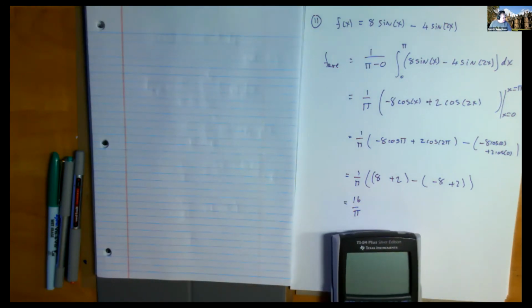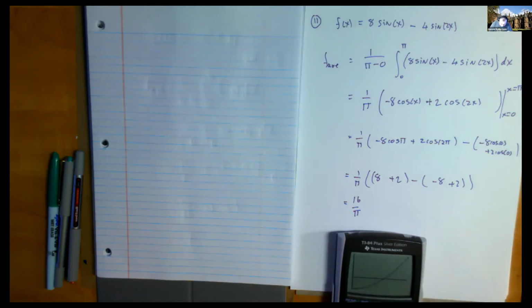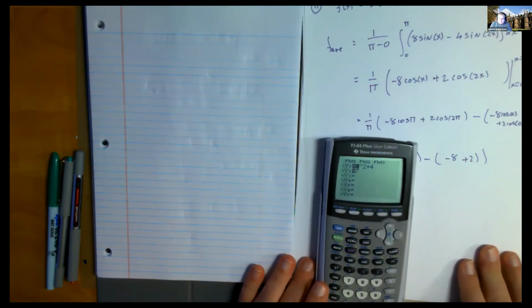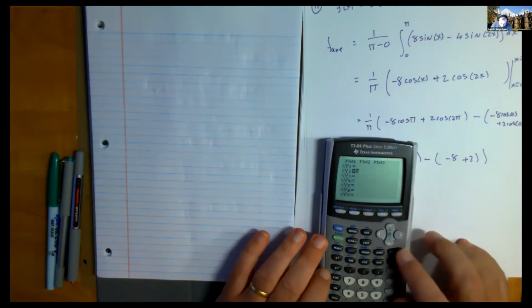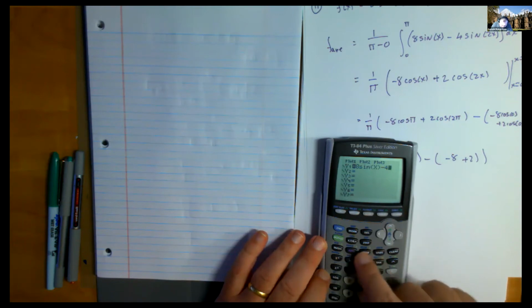Now, this question says find 2 values of C. They call it the small value of C and the big value of C, but that's fine. So I know there are going to probably be 2 answers. So I go into my calculator, and I'll just put this over the top of the writing right now. First thing I'm going to do is type in 8 sine x, subtract 4 sine 2x.